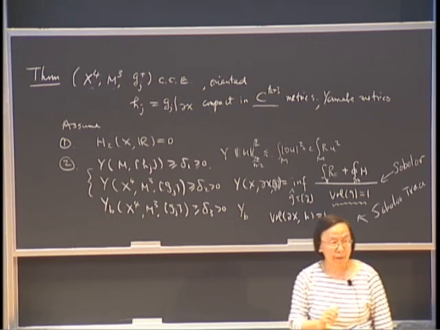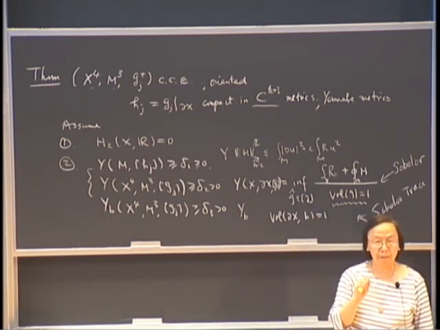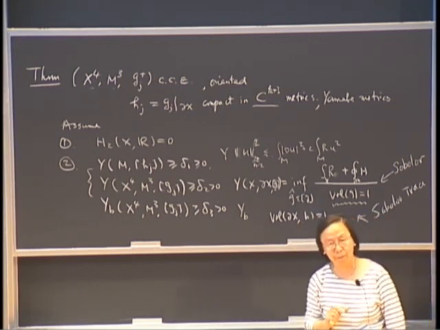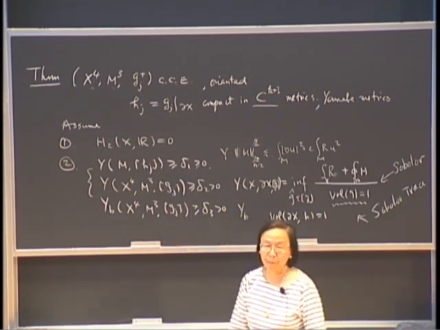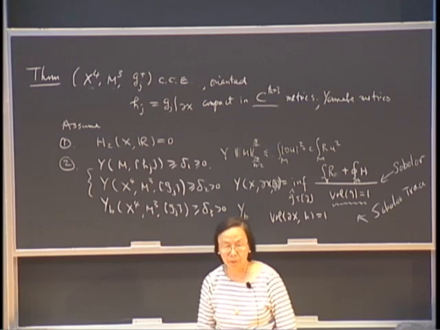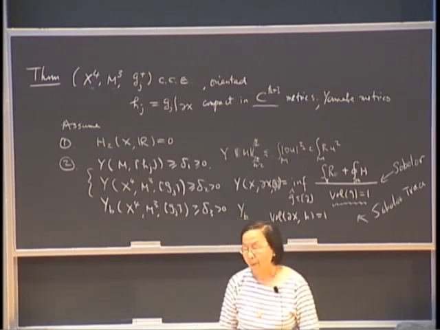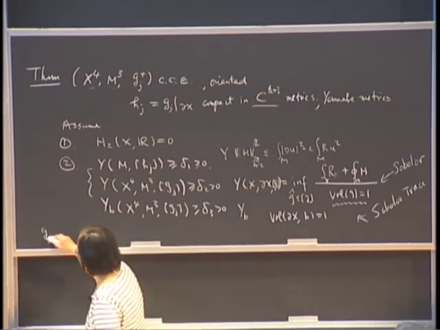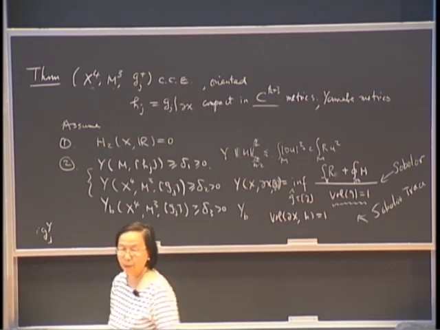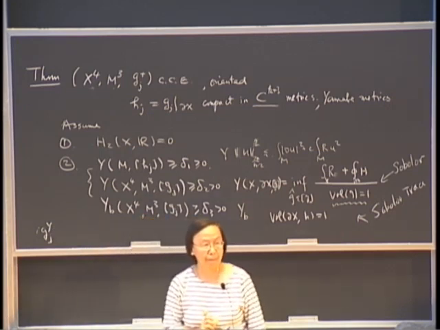And suppose that is the case, what is the most natural choice of the representative? Since I'm dealing with all these Yamabe problems, the most natural representative will be the Yamabe metric. So we would like to say that this Gj, the Yamabe metric, is compact. That's what we hope to get.